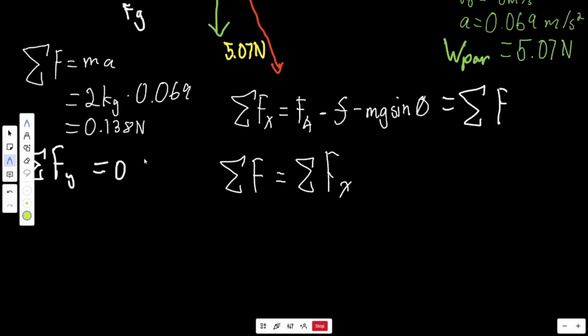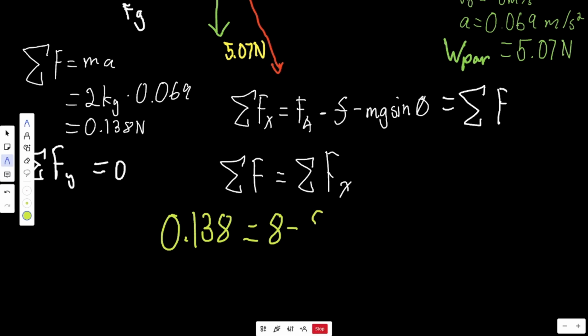So the summation of forces should be 0.138, and this should be equal to the force applied, which is 8 newtons, minus our frictional force, which we do not know, minus our mg sine theta, which is 5.07.